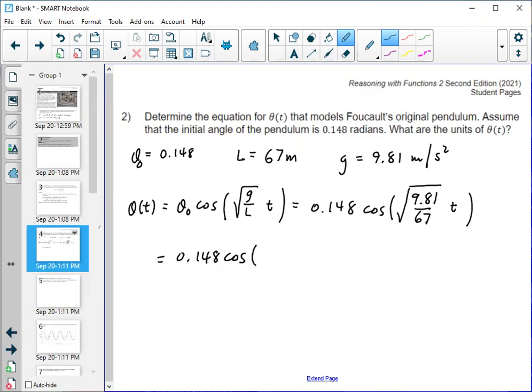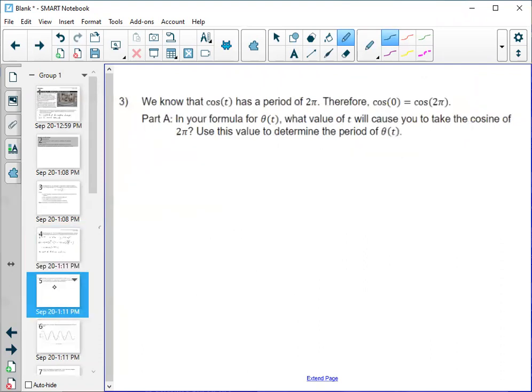And then we could just write this as 0.148 cosine 0.383 times t. And our units for theta of t are in radians. And we'll write that here. The units of theta of t are radians. All right, let's go on to part 3, number 3.